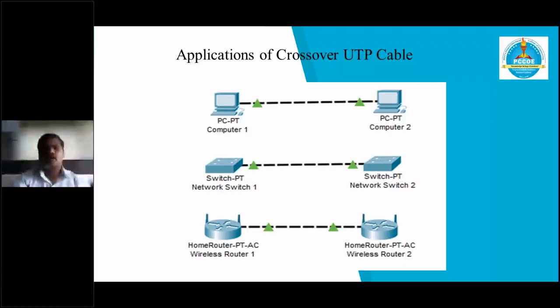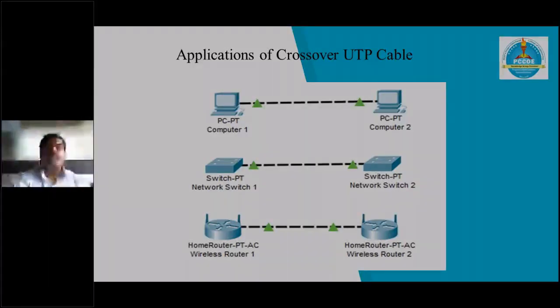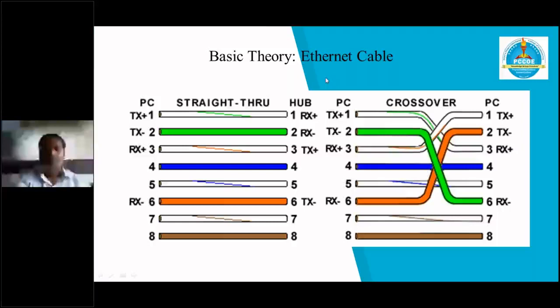Now let us talk in detail about the basic theory behind this Ethernet cable. As I said, in each CAT cable or network cable, we have a total of 8 wires, or 4 pairs of different color codes. In the first, left-hand side figure, your PC is connected to the hub, a network hub. In the second case, one PC is connected to the next PC.